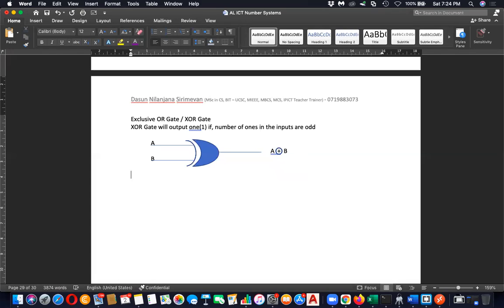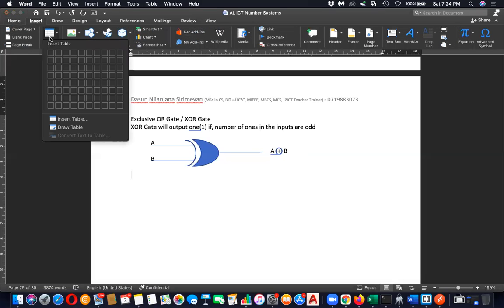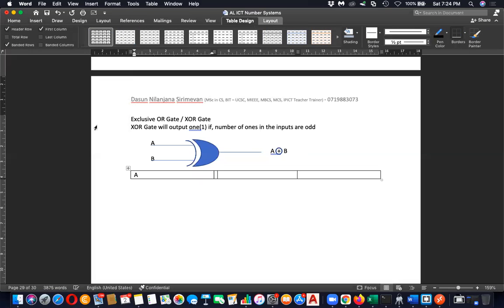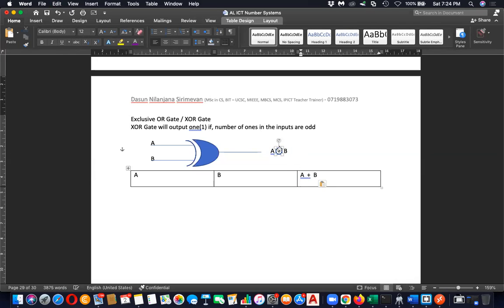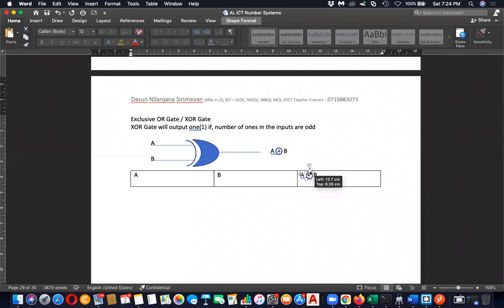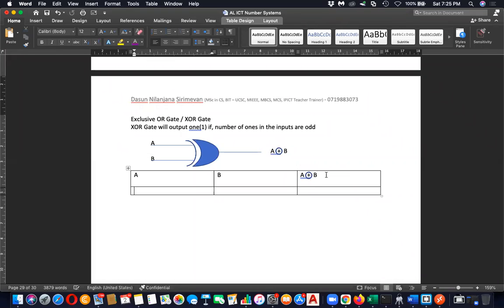So let's write the truth table. A, B, and A exclusive OR B. Zero, zero gives 0. 0, 1 gives 1. 1, 0 gives 1.